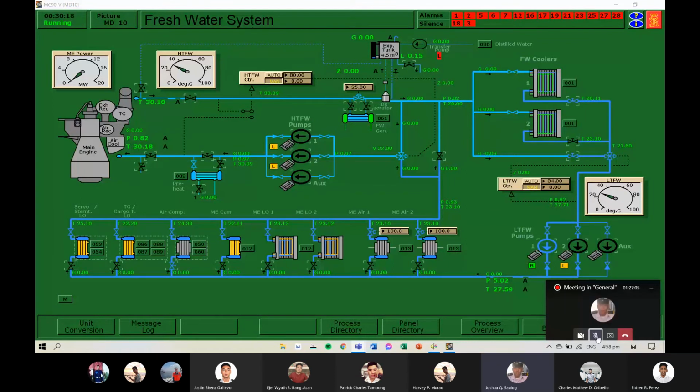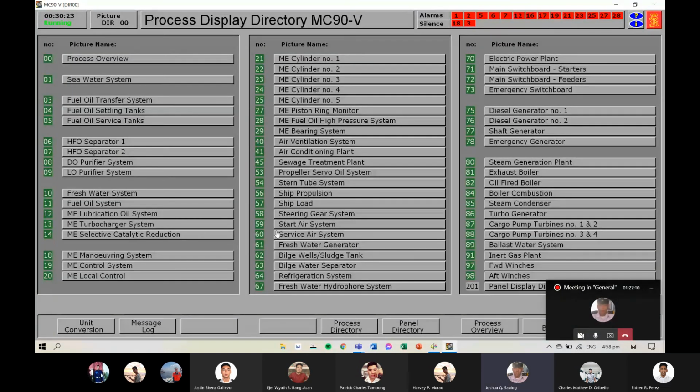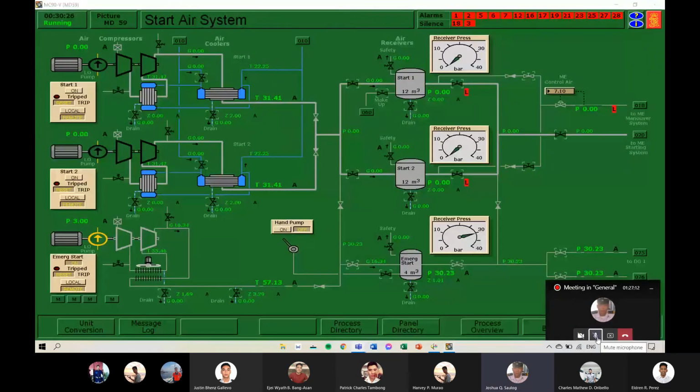Chief Engineer Perez, sir, go to Directory 59, start air system. Prepare the air compressor number 1 and 2 using receiver number 1 and 2. Done. Chief Engineer Perez, sir, go to Directory 60, Service Air System.